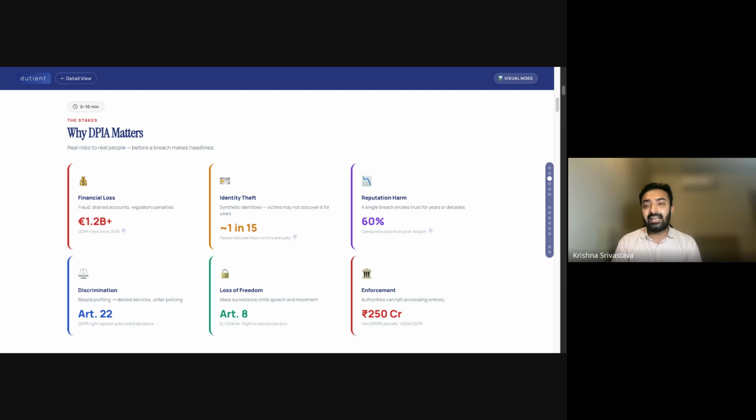Now, there is no company in the world that can guarantee that you or your organization will not go through a data breach. It is possible. And especially with AI coming into the picture, with autonomous attacks becoming a thing these days, we've also noticed that a lot of attacks in 2025 were AI driven or AI powered.